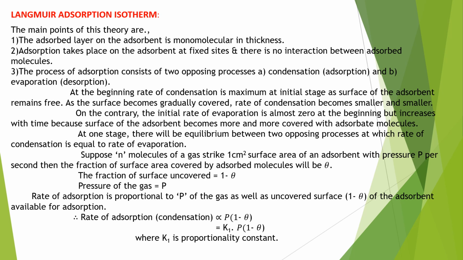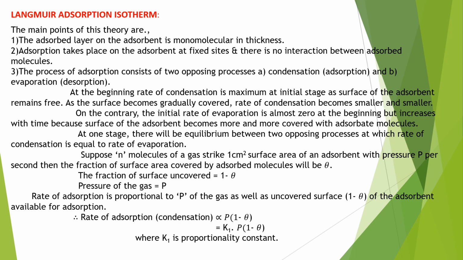Hence, it forms a single layer of molecules on the surface of the adsorbent. That is, it forms a monolayer. So the first point goes like this: the adsorbed layer of the molecules on the surface of the adsorbent is monomolecular in thickness.